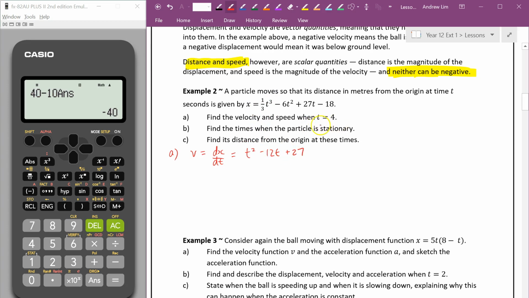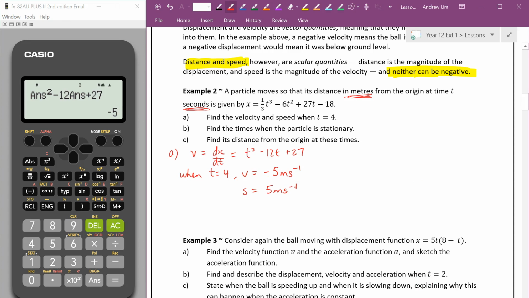So when t is equal to 4, we can see that the velocity is equal to, we'll just put it in our calculator, answer squared minus 12 answer plus 27, minus 5 meters per second. Just remember, in meters, t seconds, so meters per second. If velocity is negative 5, that means it's going down at a speed of 5 meters per second.